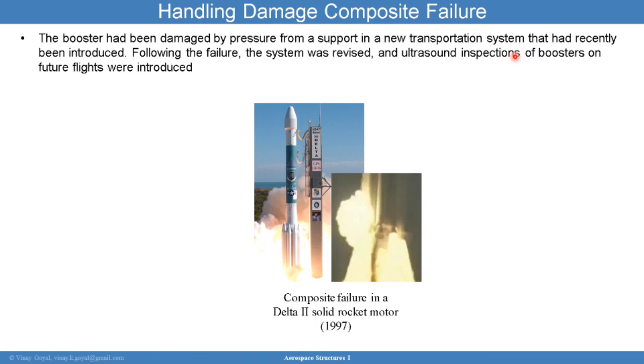And following the failure, they revised that new transportation system, and they came up with better ultrasound inspections of the boosters to ensure this composite failure did not occur. In fact, you can watch a YouTube video, but basically during flight, moments after launch, the side rocket motor failed, and this GPS satellite was lost.